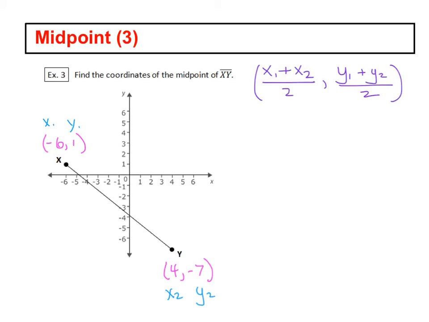So, midpoint formula tells us to add the x's, so x1 plus x2, -6 plus 4, and then we always divide by 2.